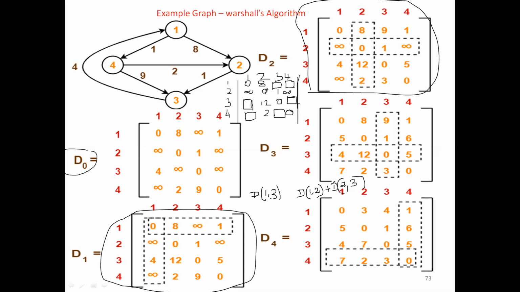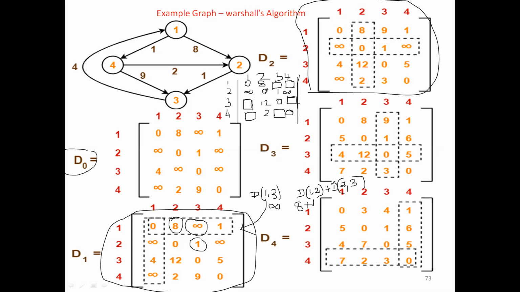So what is D1, 3? I get the value from D1: D1, 3 is infinity. D1, 2 is 8, plus D2, 3, which is 1.